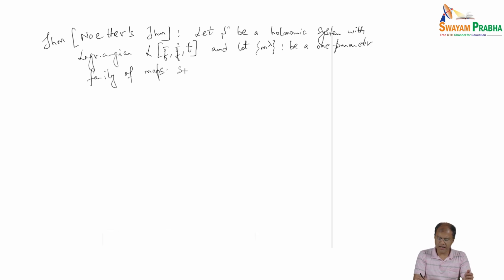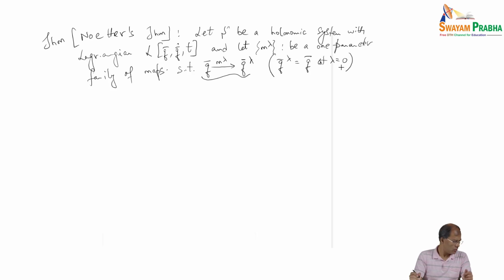such that we map our Q with M lambda to Q lambda, and we see that in this case the map is such that q lambda is equal to q itself, the generalized coordinates are mapped back to their original value when lambda is 0.